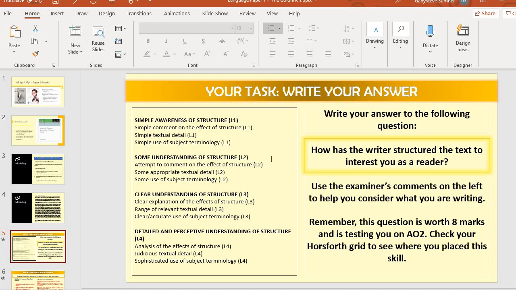Remember, that's not grading. This is for the examiner, not in terms of an overall grade for you as a student. So this idea of simple awareness of structure, some understanding, clear understanding, detailed and perceptive, and everyone in this class should be looking at these sort of answers. Judicious textual detail, judicious means well judged, well selected. So that's what we're looking for from you there.